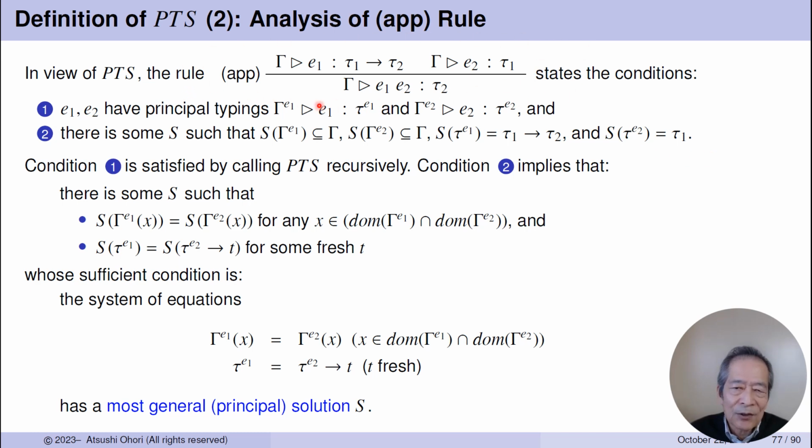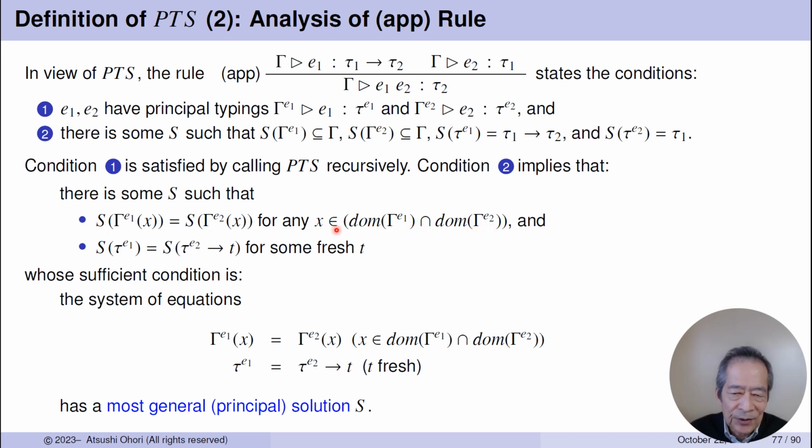We can regard this typing rule in this way, right? Condition 1 is satisfied by calling PTS recursively, of course. So there is no problem for condition 1. And condition 2 implies these equations, right? So gamma E1 and gamma E2 assign the same type to the variable common in both environments.